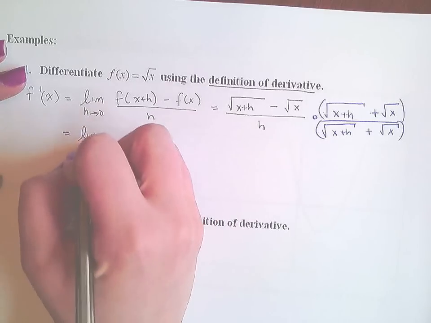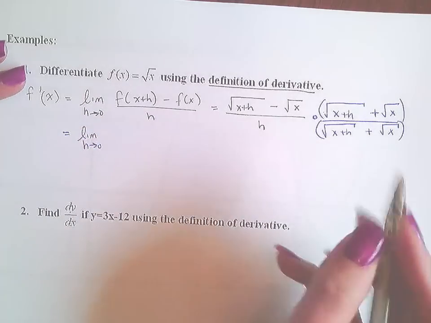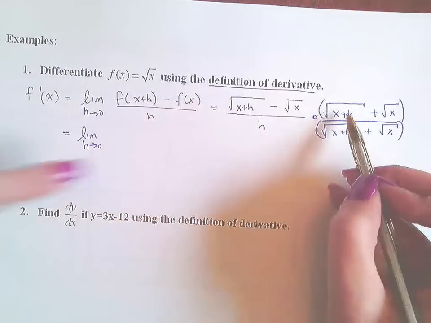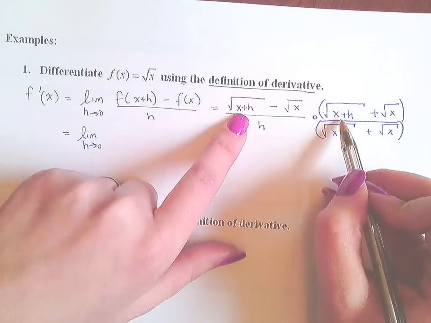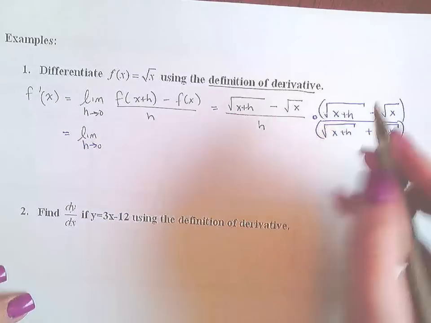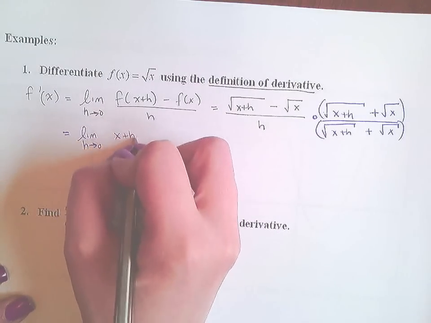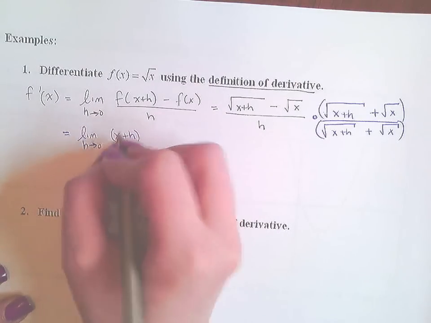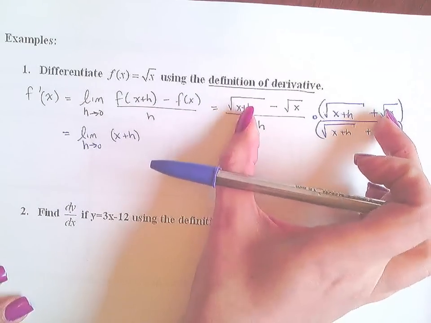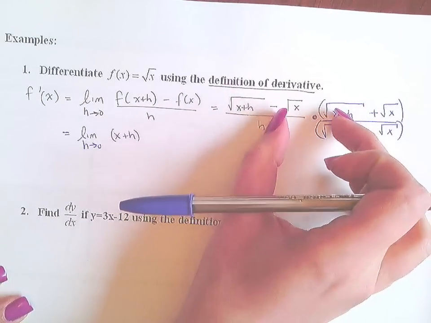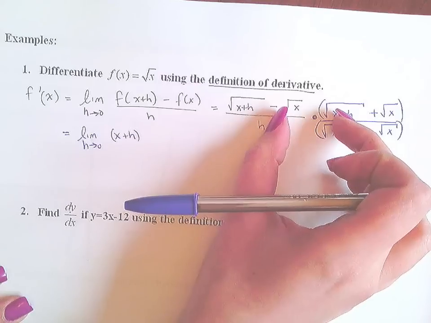So now the limit as h approaches 0, you FOIL this out, and what do you notice happens when you square the square root of x plus h? The square root is gone, so you're left with just x plus h. And then the outers and the inners do what? So these outers and inners cancel each other out, so I don't need to worry about them.